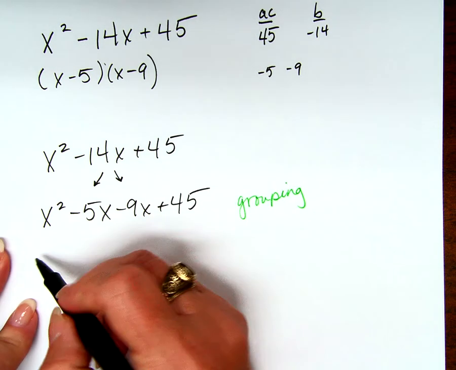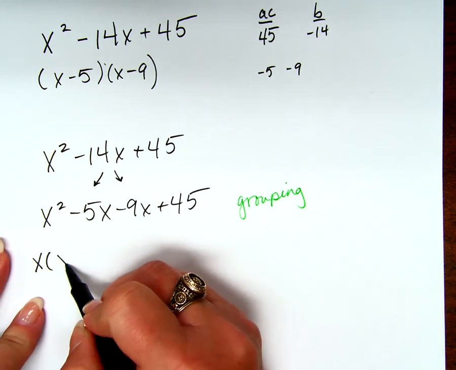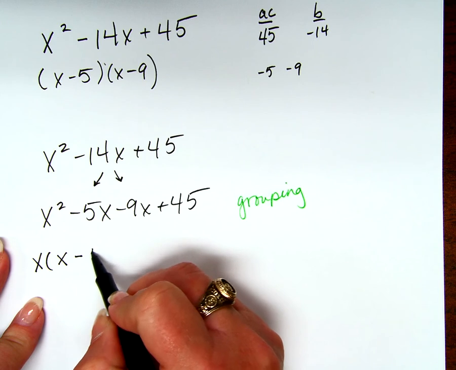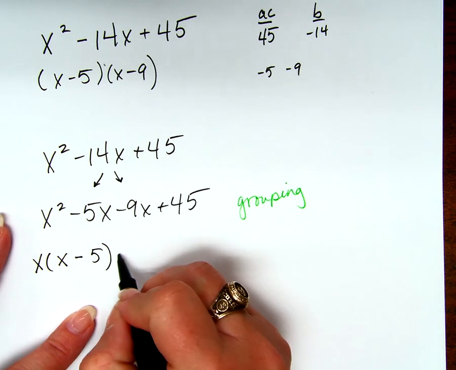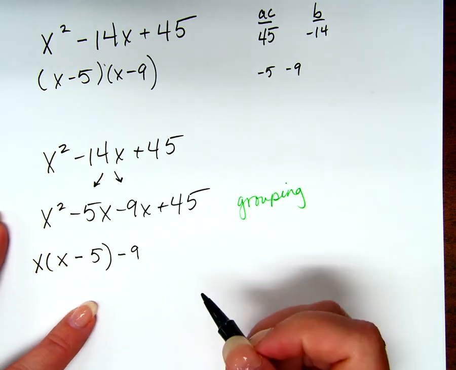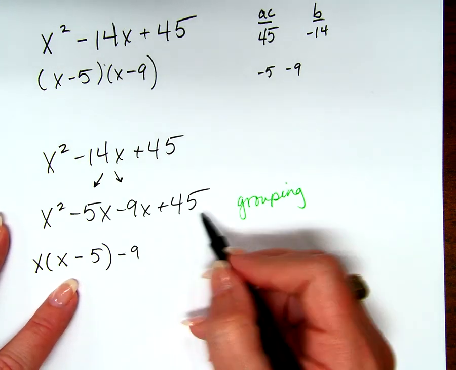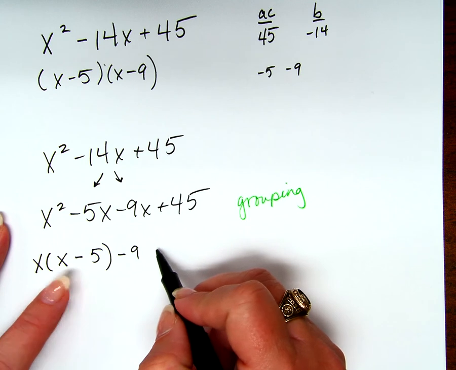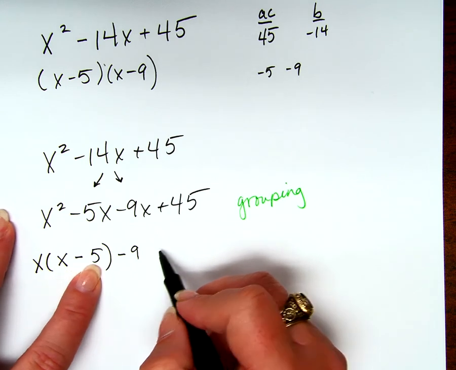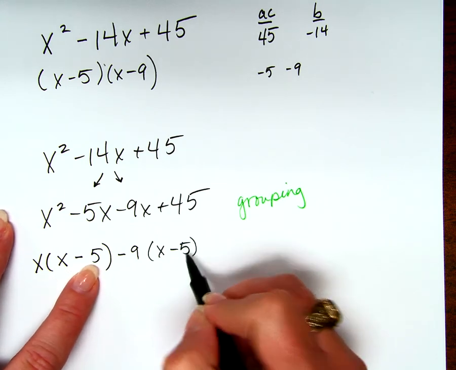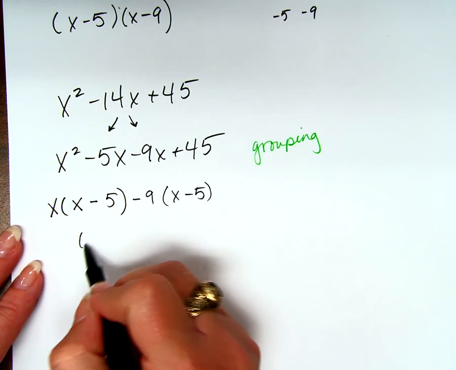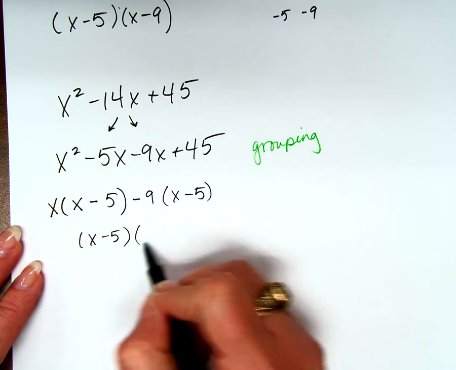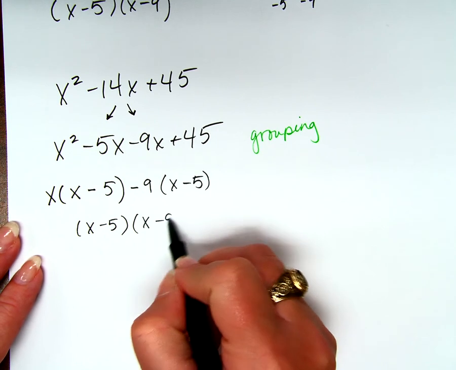If I factor out an x, what do I have left? X minus 5. What's common in the second two terms? Negative 9. Ooh, good catch. Negative 9, right? Because what do I need my parentheses to say? It needs to say x minus 5, right? So that it matches this first parentheses. Because now what do these two terms have in common? X minus 5. And what's left? X minus 9.